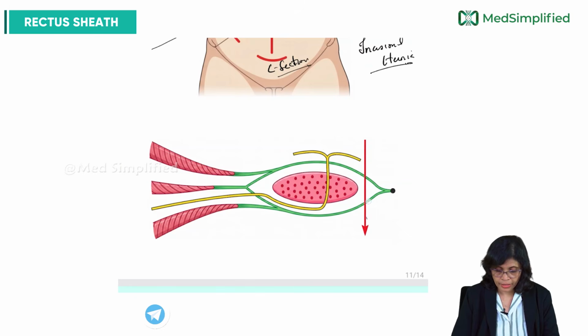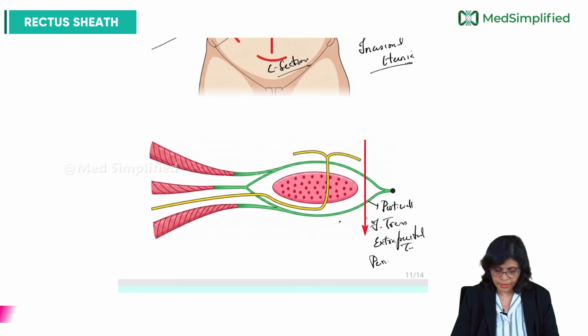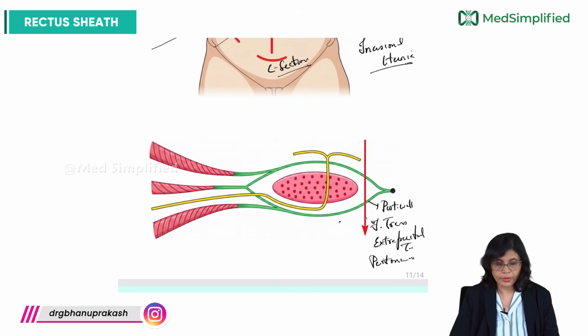This will be the posterior wall, and beneath that we go to the fascia transversalis, then the extraperitoneal tissue and peritoneum. That is how, layer by layer, we approach the abdominal cavity.